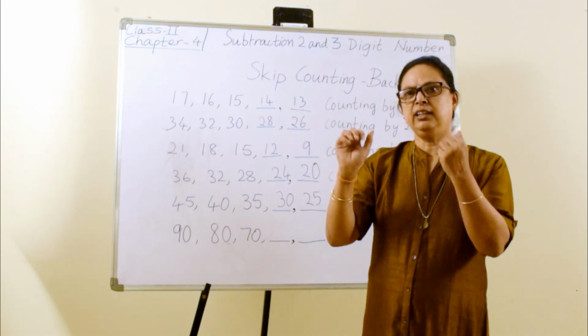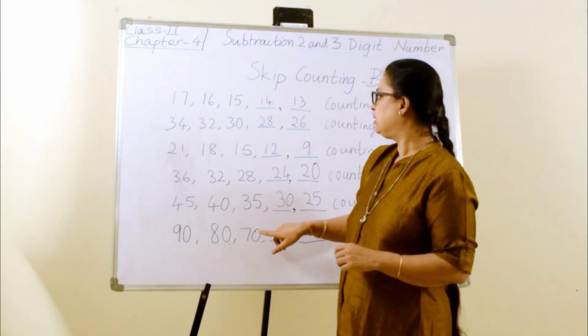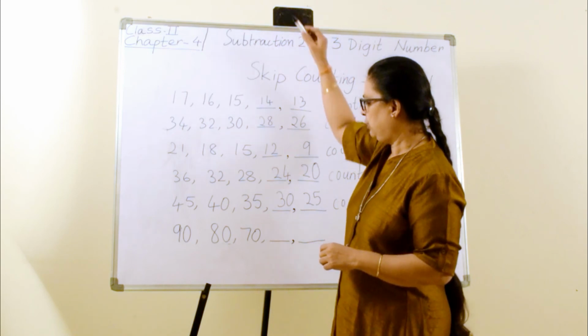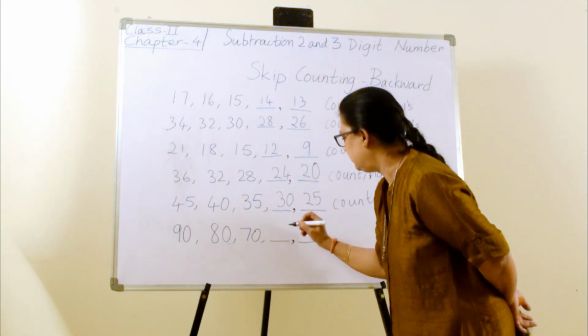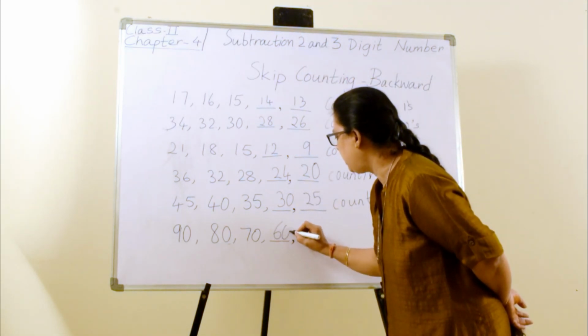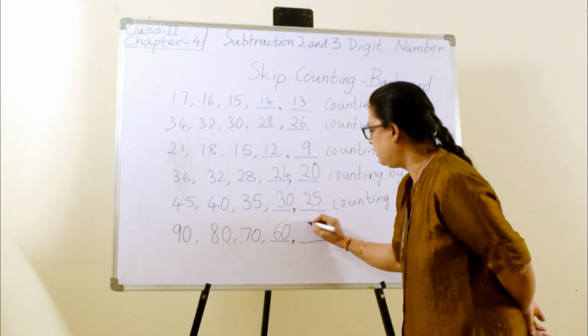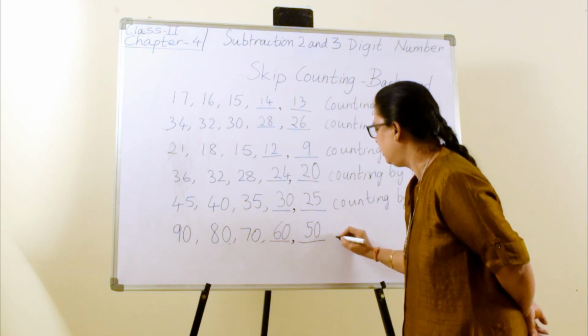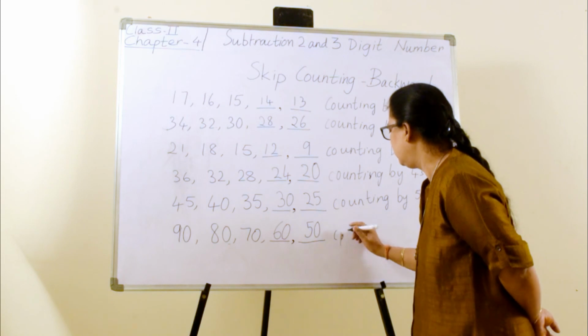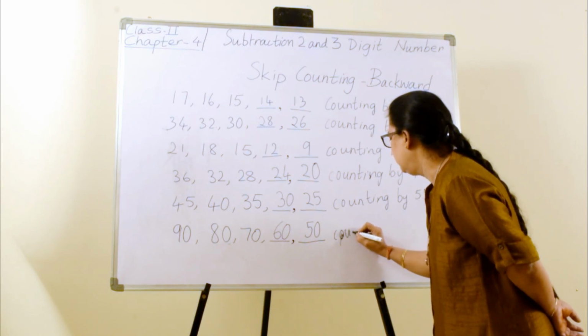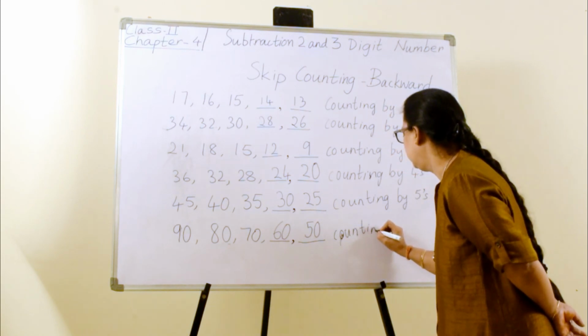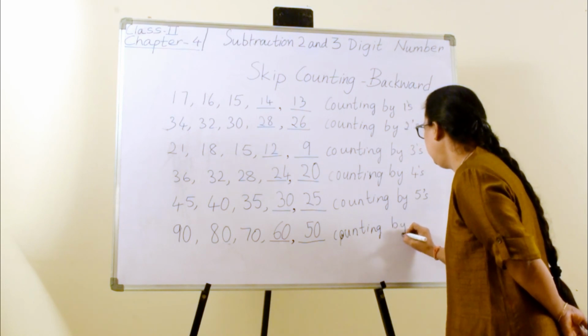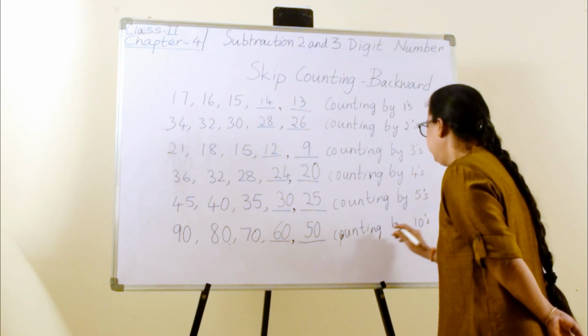So what is the pattern here? 10. So after 70 here, what would come here? 60. Because this is backward counting. And the next one would be 50. So you have counting by tens over here.